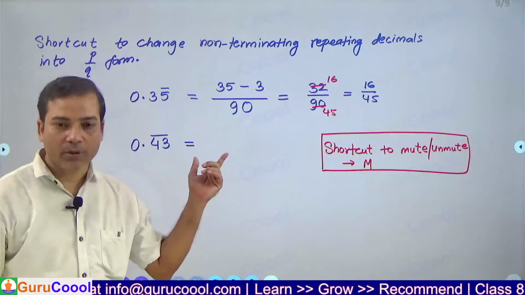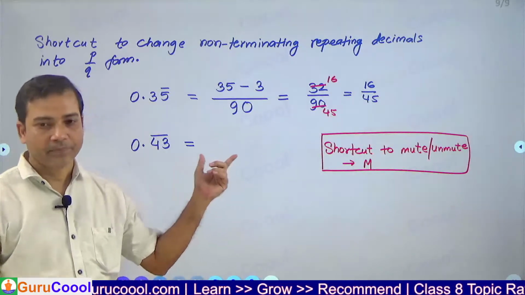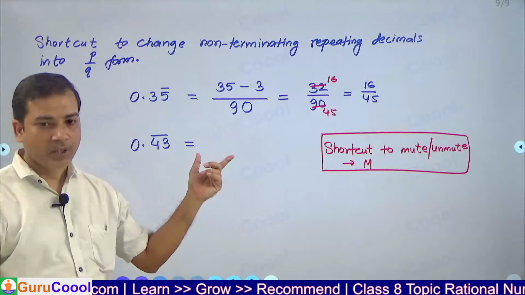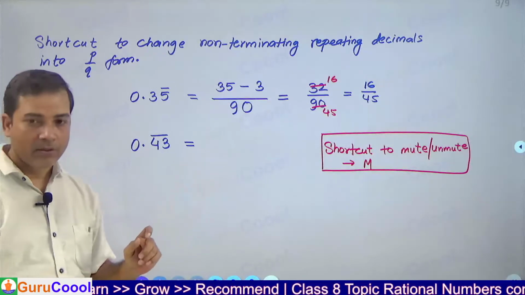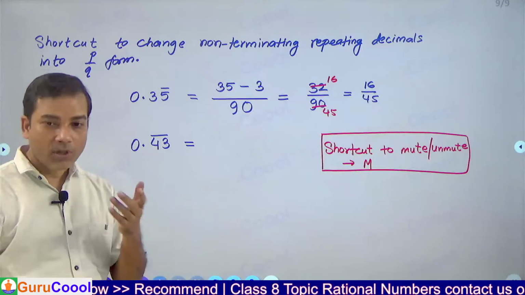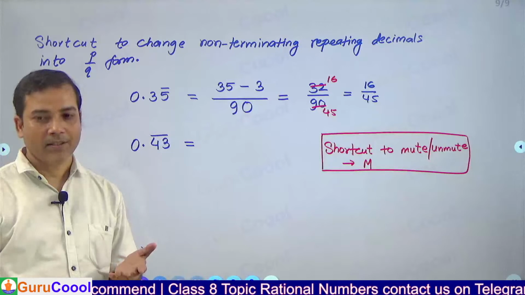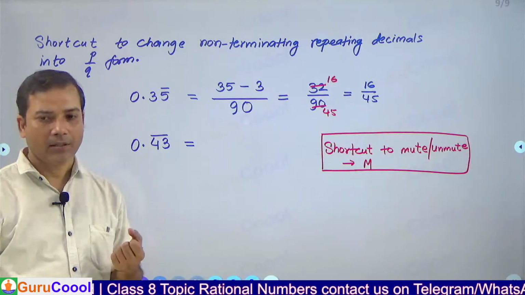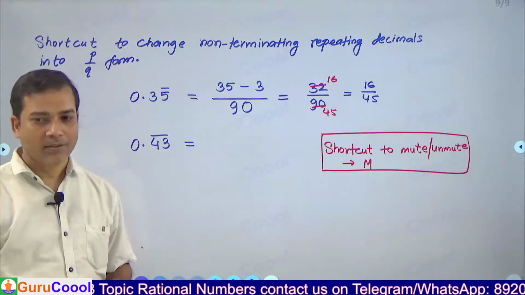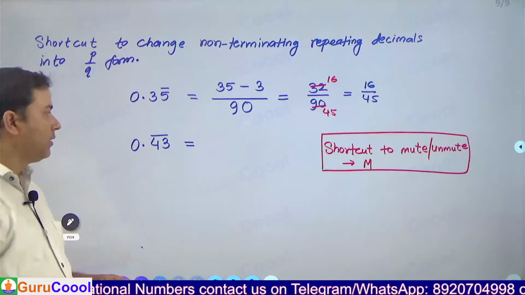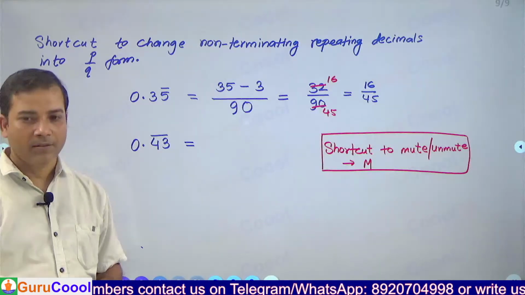Okay, what did you get for it? 43 upon 99. Sir, but it's wrong. Sir, I also got 43 upon 99, but it's wrong. You are sure that's wrong? Yes. I think that's right.